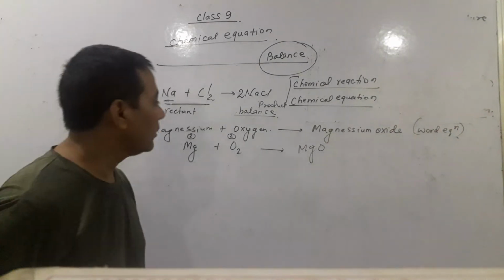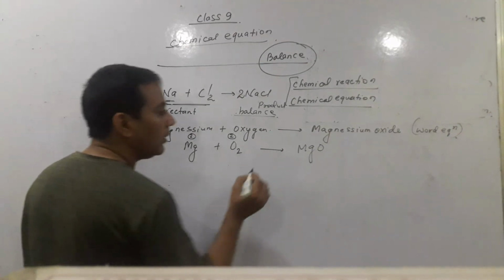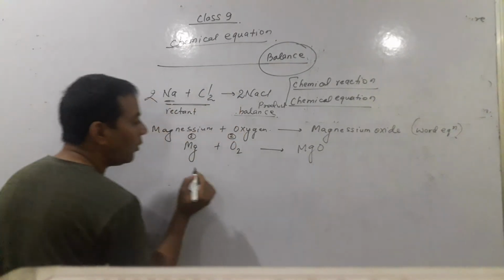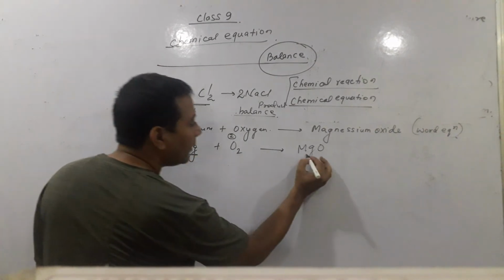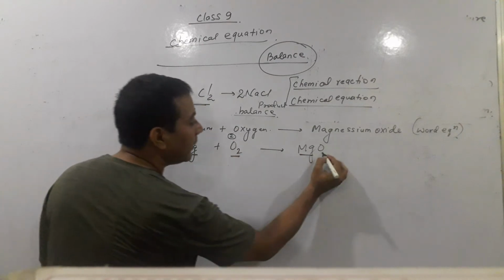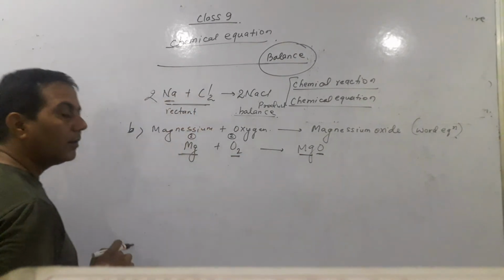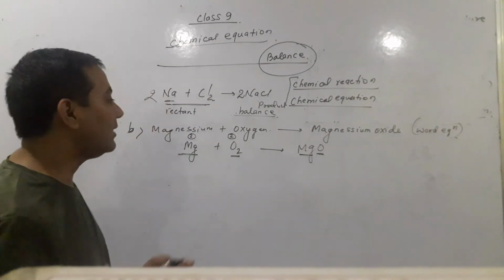Now, is it balanced? No, I think no. Why? Because magnesium is 1, here is also 1. Magnesium is balanced. Oxygen is 2, but here how much? 1. That means the oxygen is unbalanced over here.